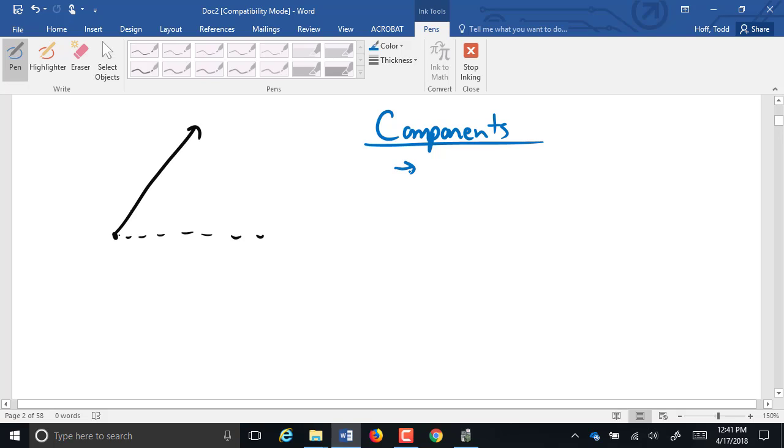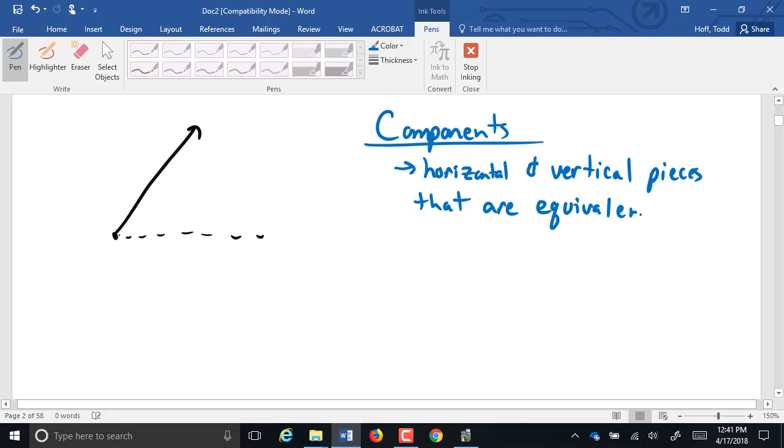The official way, or the more technical way of thinking about it, are the horizontal and vertical pieces that are equivalent to the whole vector. Well, what does that mean? Well, what that basically means is you take from that terminal point, you create a triangle that contains our reference angle.